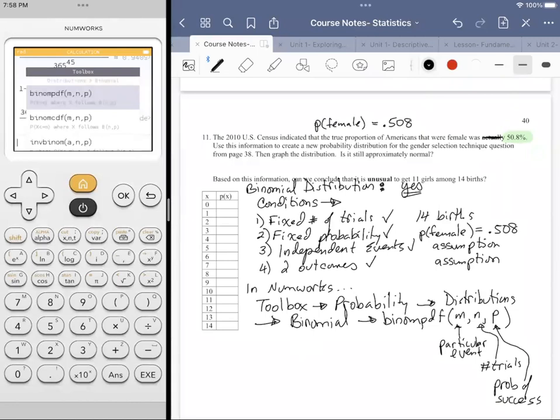So it's a matter of perspective. You could define something as a success or a failure, but you may have a different opinion from somebody else. It's really, what are you rooting for and what actually happened? So we would select binom PDF, MNP.